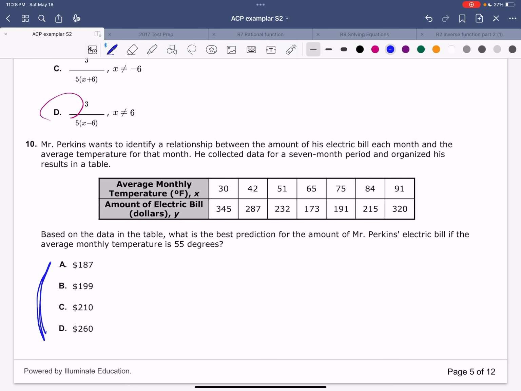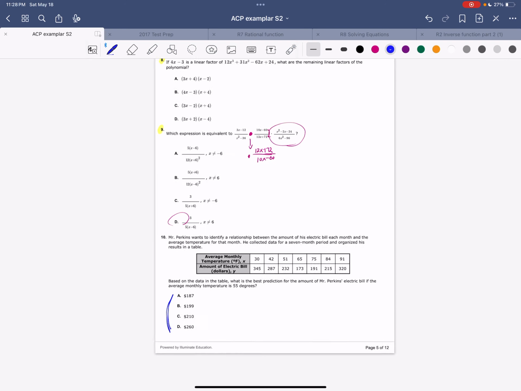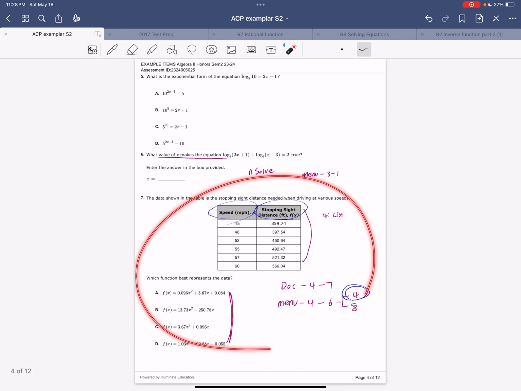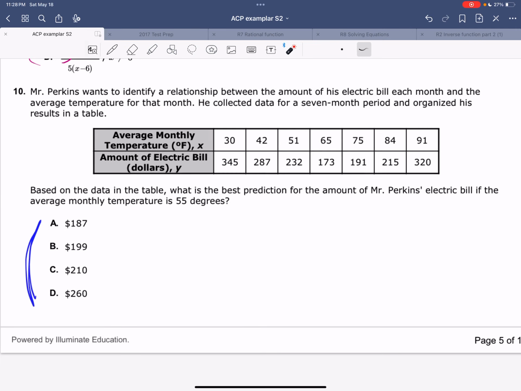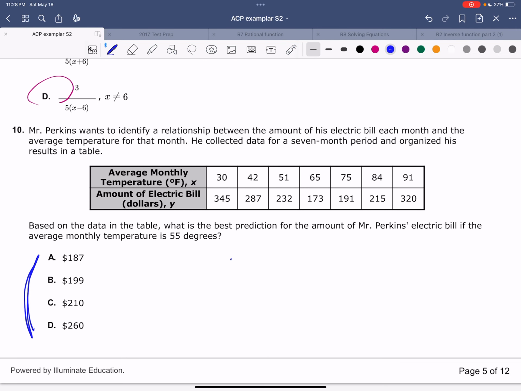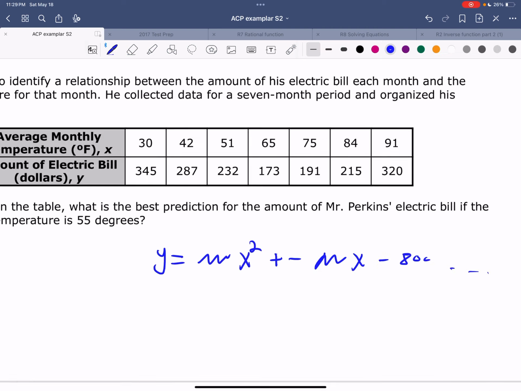Okay, so if you look at question number 10, it's the same thing. But do you see your answer is not an equation, it's a number. So what you gotta do is you have to do exactly the same thing that you have done here. So you're gonna find the equation. Your equation should look like y equals something times x squared plus or minus something x plus or minus, I don't know, minus 800 or something like that, okay?